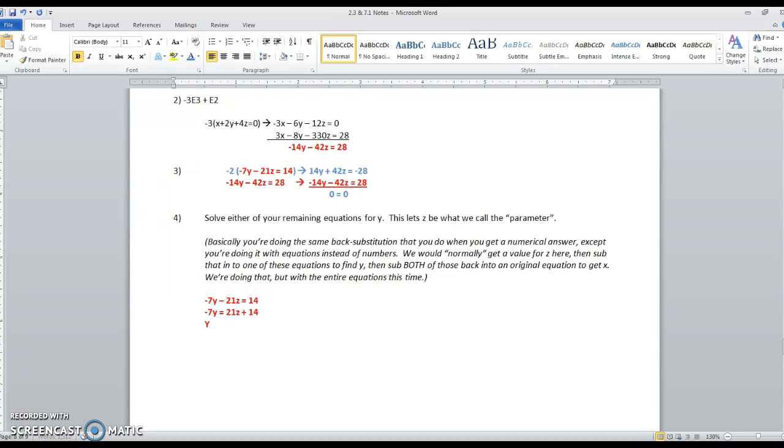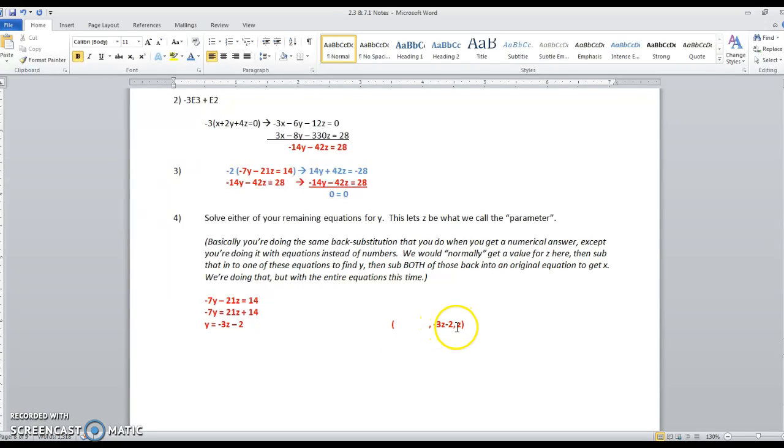If I divide by -7, then I would get -3z minus 2. So that's what y is. What this tells me then, as I'm going to eventually find an ordered triple, is I don't know what the x's look like at all yet. But I know that the y's look like -3z minus 2, and z, the parameter, gets to stay itself.